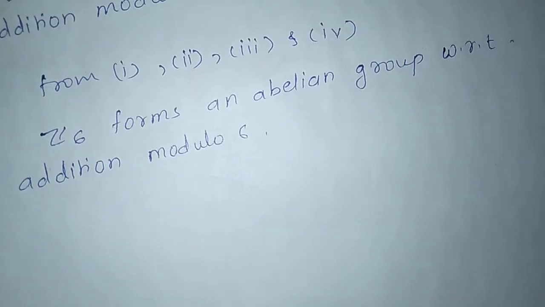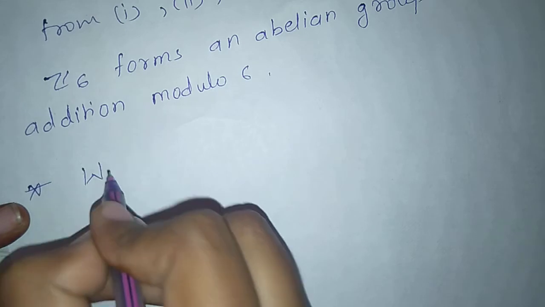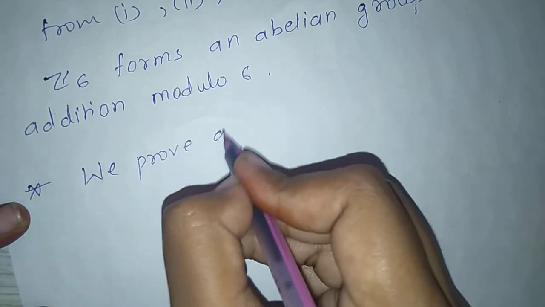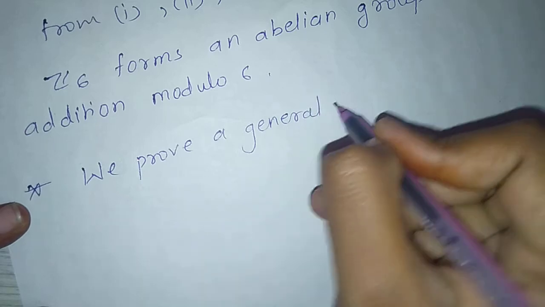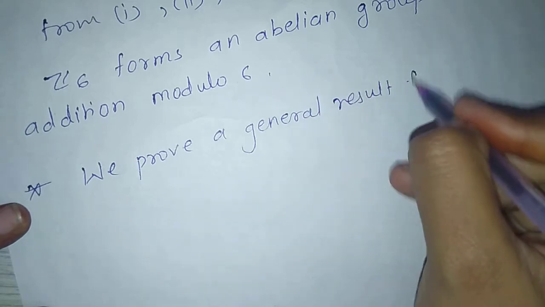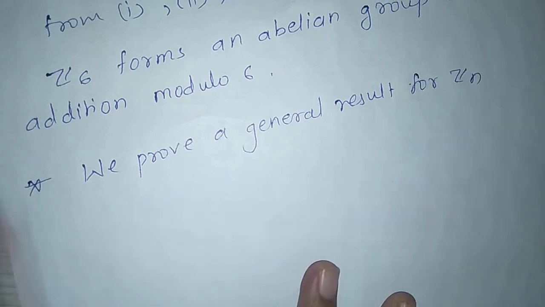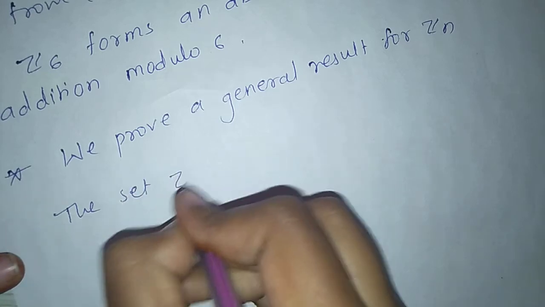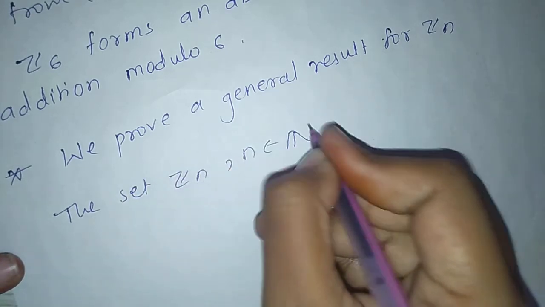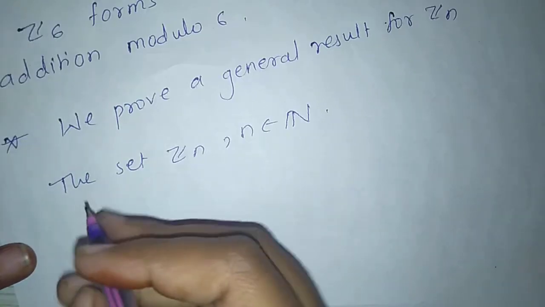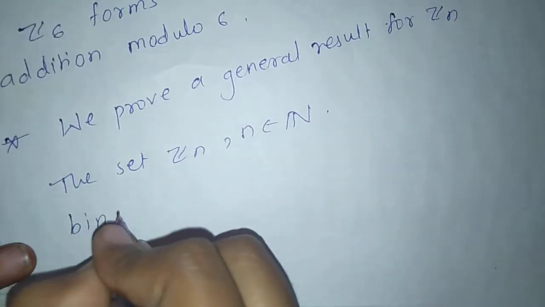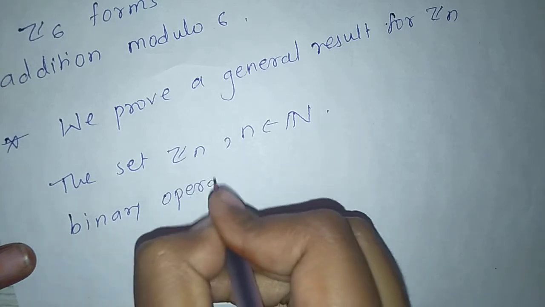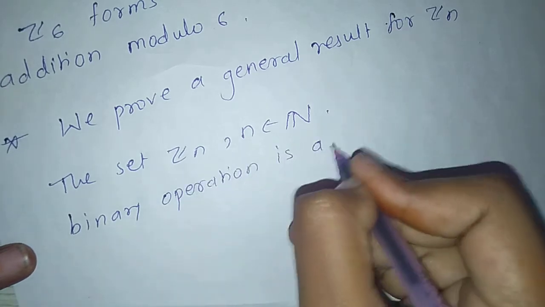Now we prove a general result for Zn. This set Zn, n belongs to natural numbers. Take the binary operation as addition.